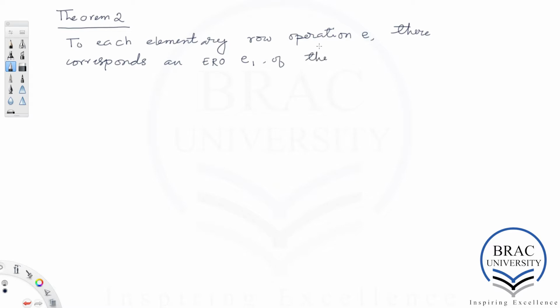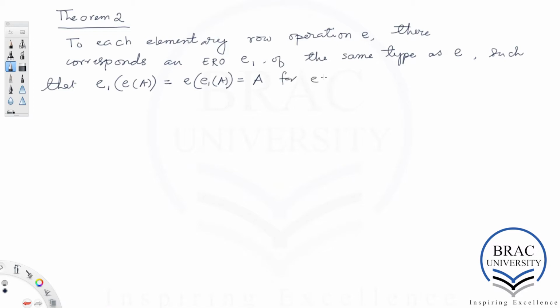So there are three types discussed earlier. Okay, so E1 of the same type, that is E and E1 belong to the same type as E, such that E1 of E of A is the same as E of E1 of A, is equal to A for each A in the space of m times n matrices over the field F.